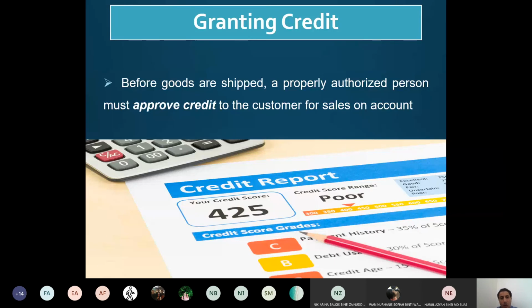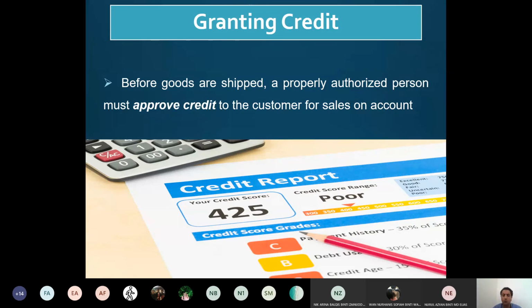Okay, then we need to guarantee the credit before goods are shipped. A properly authorized person must approve credit to the customers for sales on account. So we need to check the credit history. How do we do that?